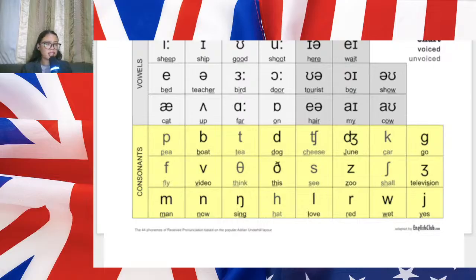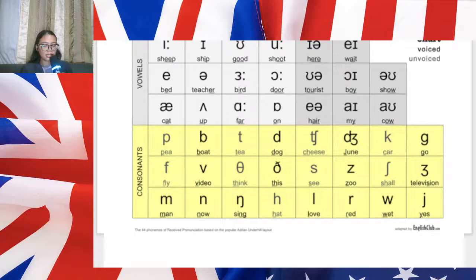The consonant sounds all in all amount to 29. It's not that much, if you think about it. Not 29, but 25. I'm sorry, let me correct myself. Stand corrected. There are 25 consonant sounds all in all.